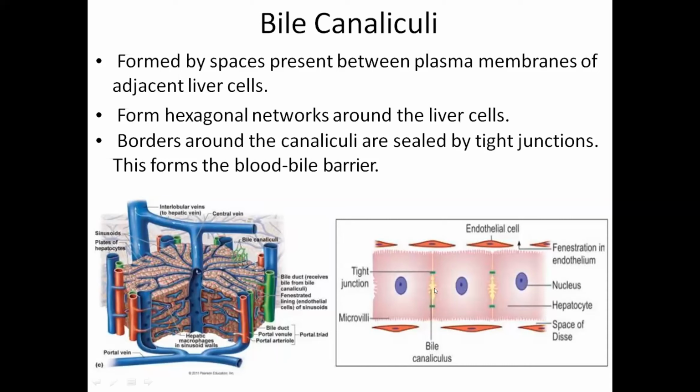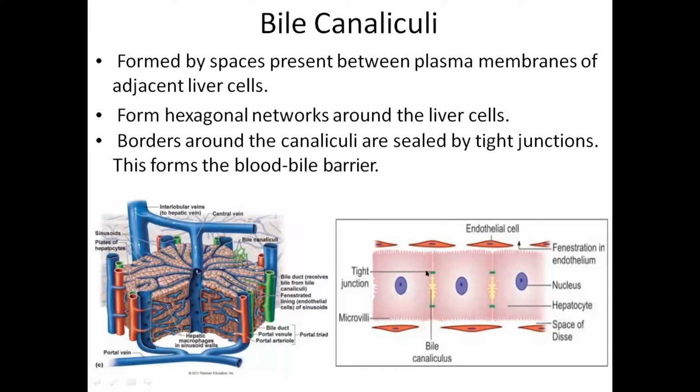They form a hexagonal network around the hepatic lobule. Look at the cursor. They form a roughly hexagonal network around the liver lobules. So these canaliculi are formed between two liver cells, the hepatocytes.